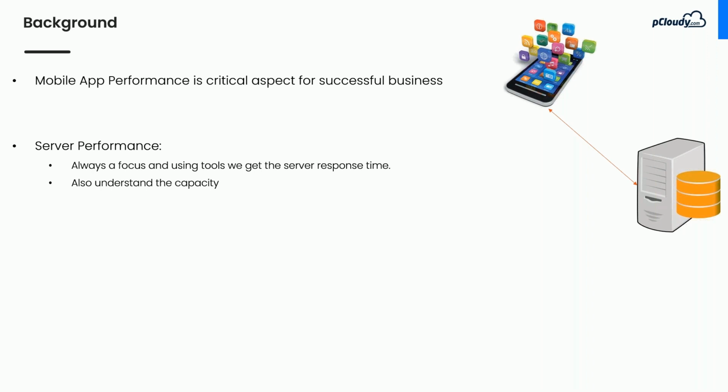Usually, what happens is there is a lot of focus on the tools which predominantly load the server side of the application. We use tools like JMeter, Micro Focus LoadRunner or NeoLoad.